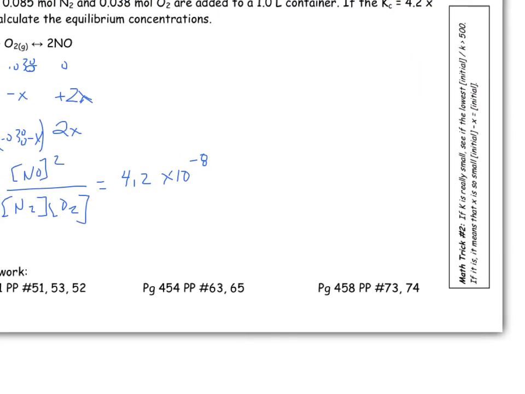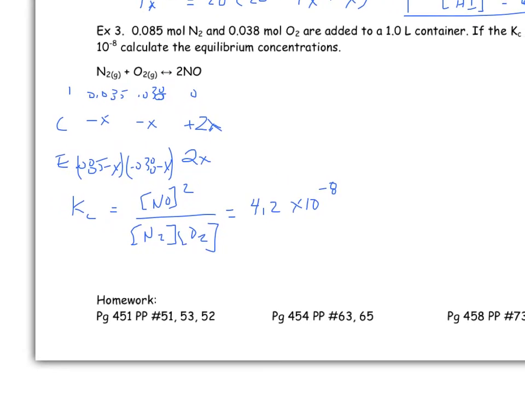That means we can ignore the minus x's in our equilibrium concentration of our reactants. Let's check out and see if it works. If you take our lowest initial concentration, 0.038, and divide it by our constant, it is significantly larger than 500, so our assumption works.